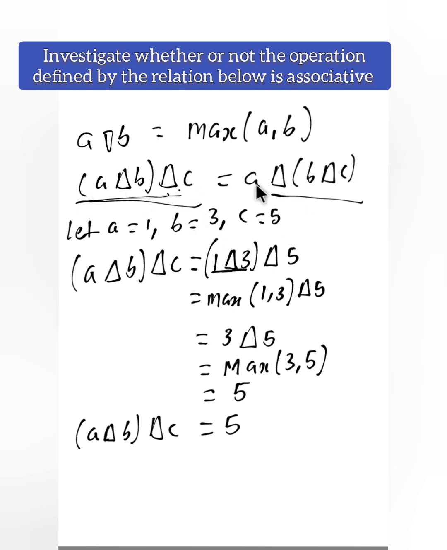Now, this part of the equation is 5. We also need to solve for the other part of the equation. In the other part, we have A operation (B operation C). So this gives us 1 operation (3 operation 5).